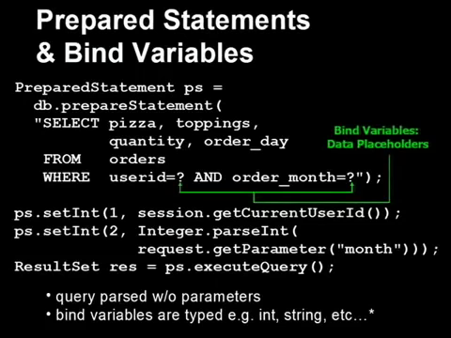Once the query template is specified, you can then have separate statements that fill in these placeholders: placeholder number 1 with the user ID, placeholder number 2 with the parameter corresponding to the month. The idea here is that when the database driver executes this, the database will always interpret this information as data. It will not allow the structure of the query to change.